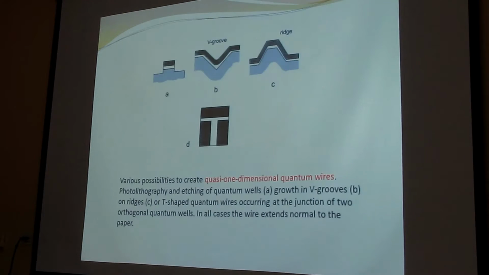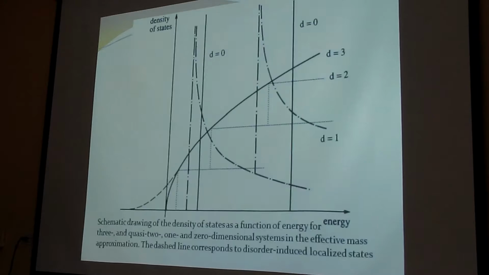You can grow in a groove here, and you get a quantum well here, a quantum well here, and here you accumulate a little bit more material, and actually the electronic states in these quantum wells here and here are higher than here in the bottom of this groove, so you get a confinement of the electrons in this V groove. You could do the same with a ridge, or you can grow a quantum well, you cleave the sample, you grow perpendicular to it another quantum well and a barrier, then you have these T-shaped quantum wires.